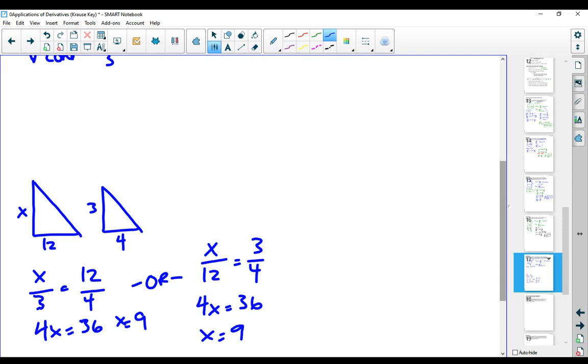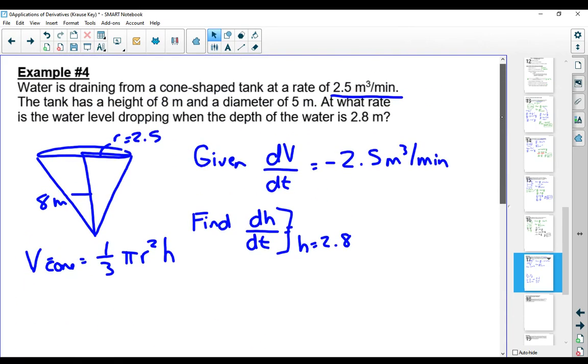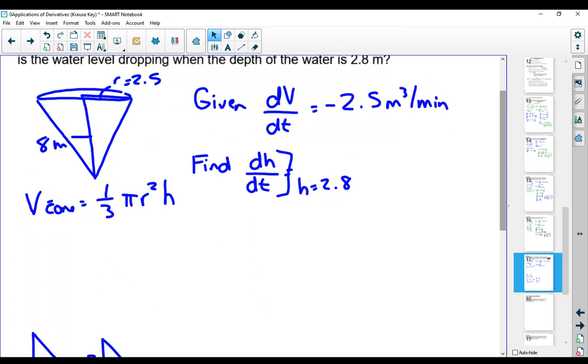So if we are working with similar triangles, we're looking at common proportions or equal proportions. And so that relates to what we're going to be talking about here. We have this cone. We start with a radius of 2.5 and a height of 8. But as the water goes down, we're going to have the same proportion, but just less as we go. And so the proportion between the radius and the height is still going to be the same.